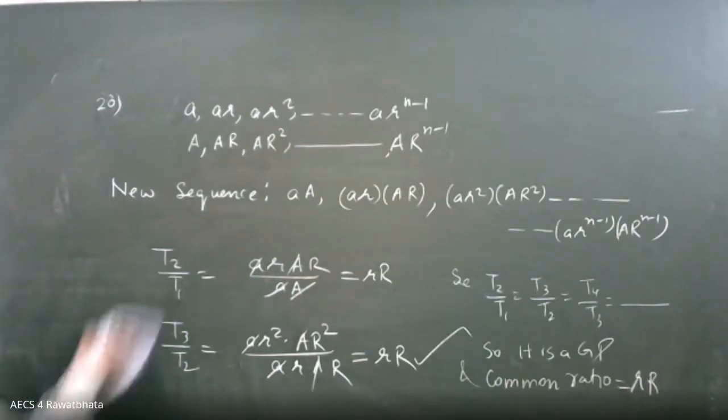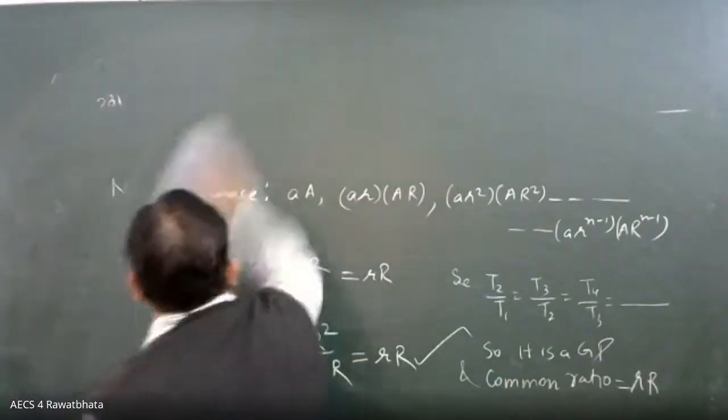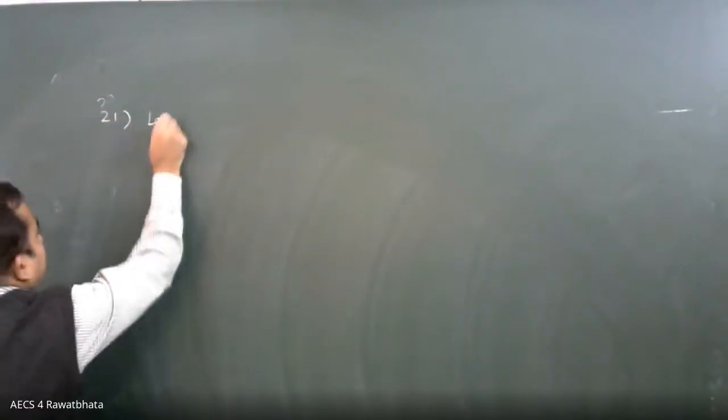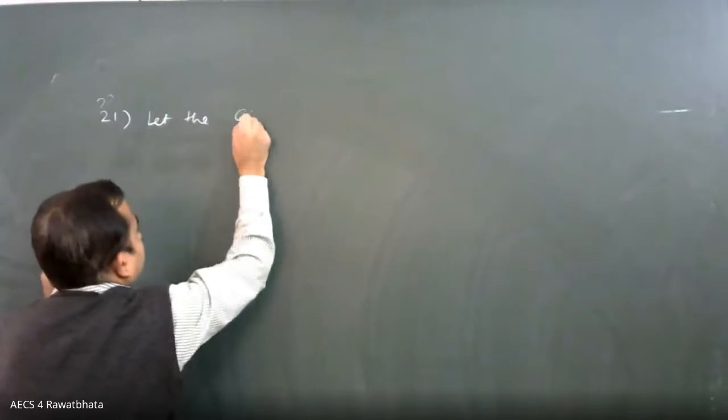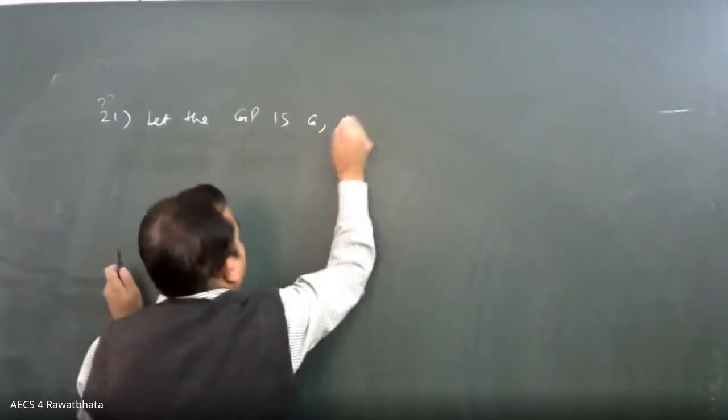One minute, Edwin. Let me note this information. Repeat. Let the GP be, how many terms do I have to mark? Four numbers in GP.